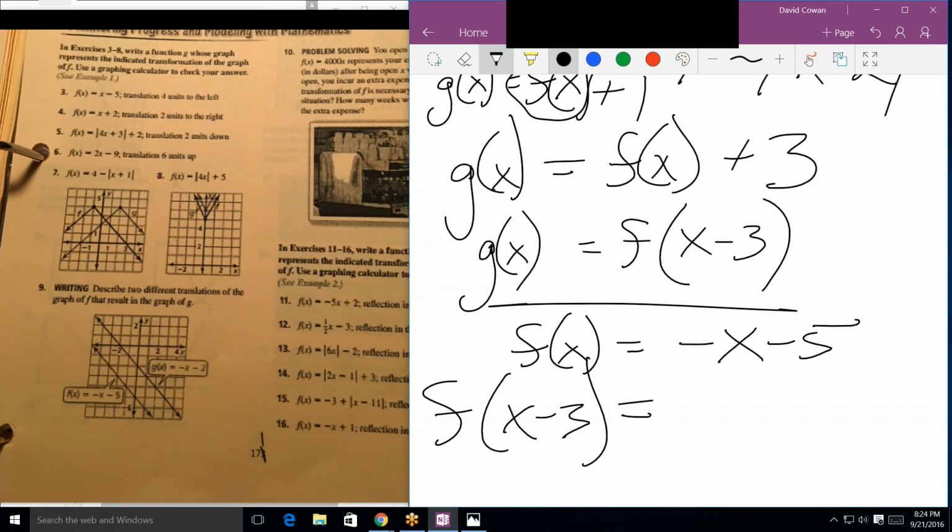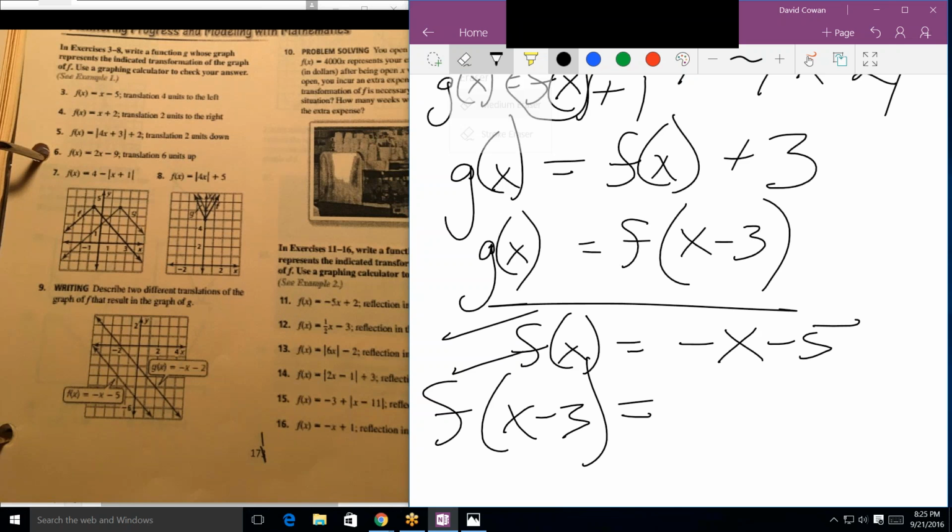I want you to answer me what's f of x minus 3. If f of x is this, what would f of 2 be? No, what would just f of 2 be?